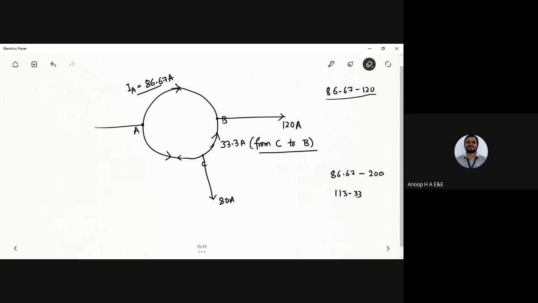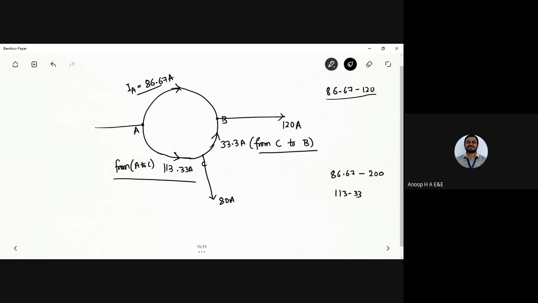So again you have to change the direction of current. So that is 113.33 amperes from A to C.